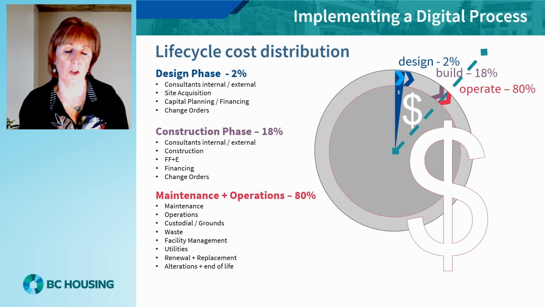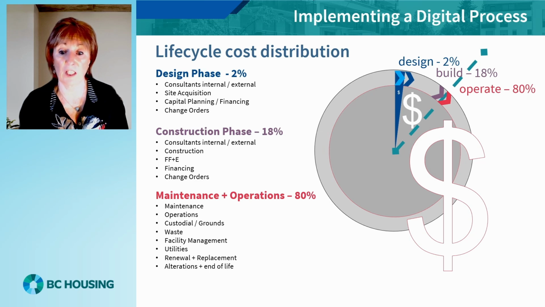In life cycle costing terms, the process is often considered as being broken down into 3 phases: design, accounting for 2%, construction, 18%, and maintenance and operations, 80%. Design includes internal and external consultants, financing costs, including site acquisition, and allowance for change orders.